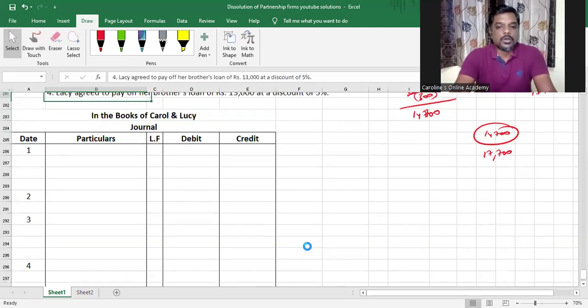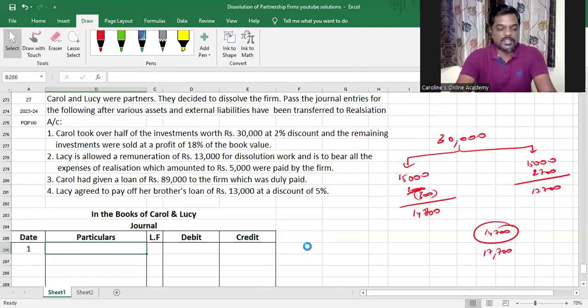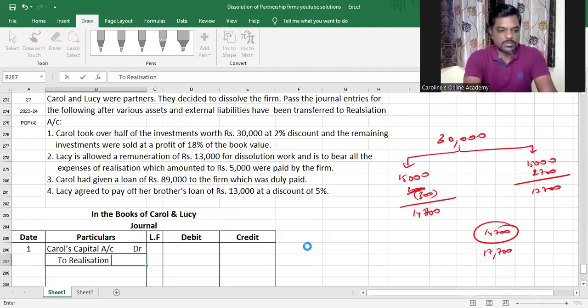So for the investment taken over by the partner, the journal entry is partner's capital account debit to realization account, as you all very well know. So Carol's capital account debit to realization account, investment taken over by partner.